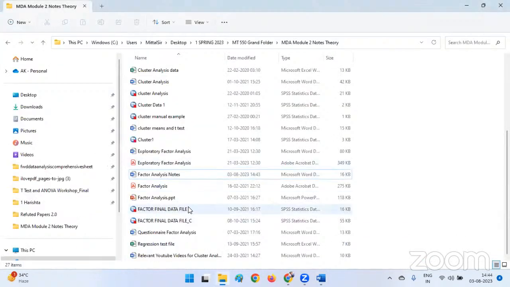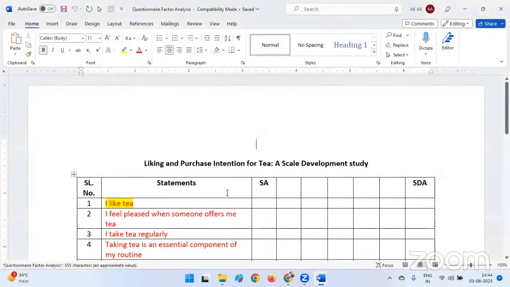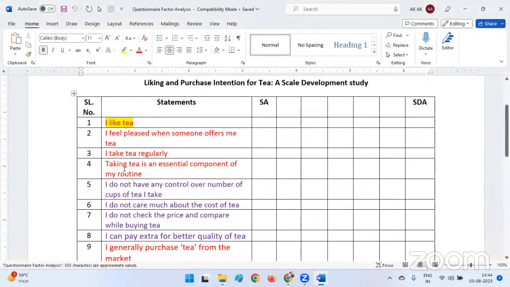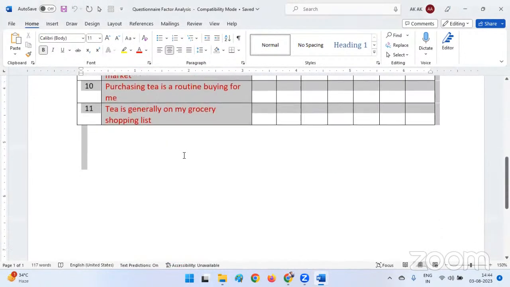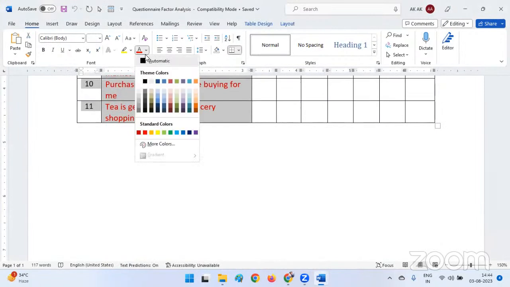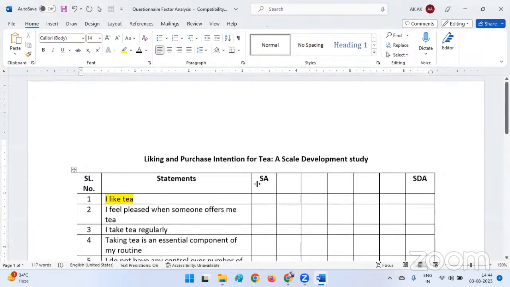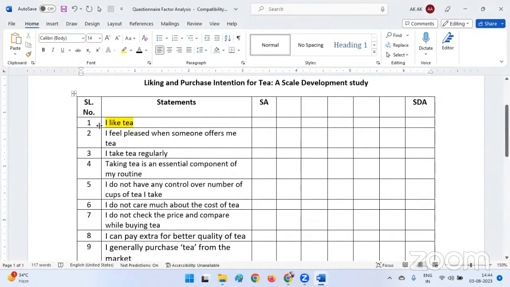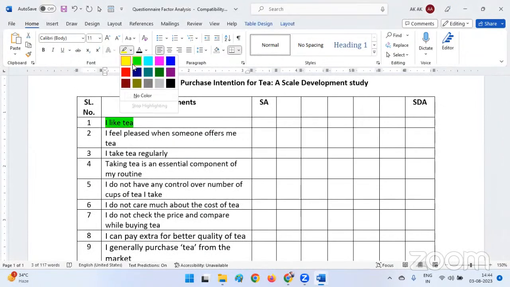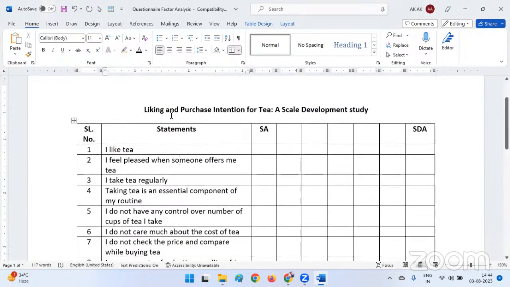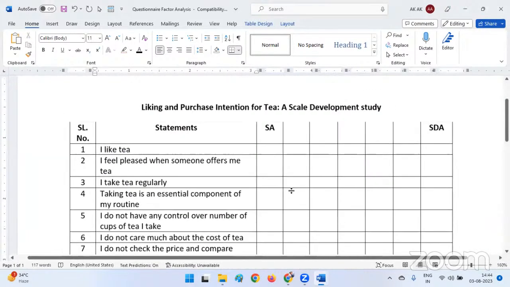I will open a questionnaire. Suppose this questionnaire, I don't know what groups will be there. This questionnaire is liking and purchase intention for tea, a scale development study.